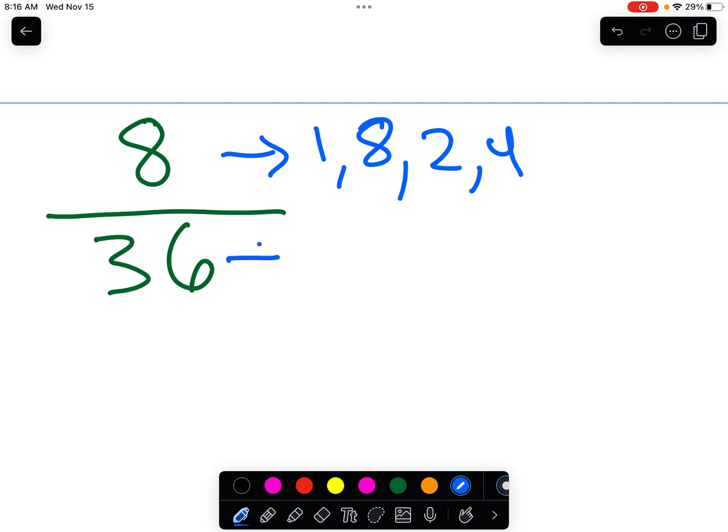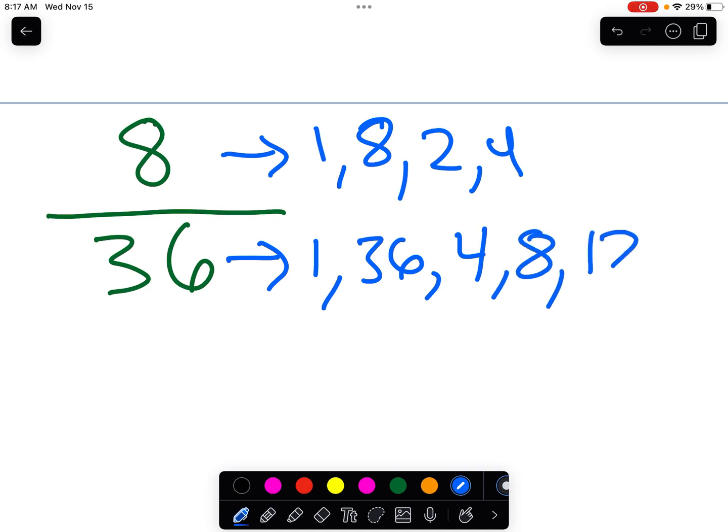I think that's it. How about for 36? Well, 1 times 36 equals 36. I know 4 times 9 equals 36, 12 times 3 equals 36, and 2 times 18 equals 36.